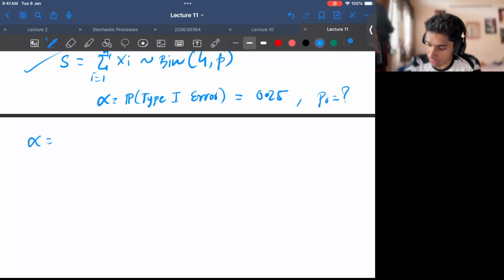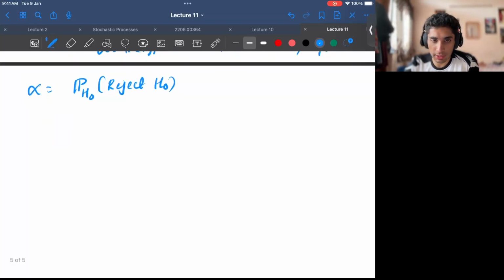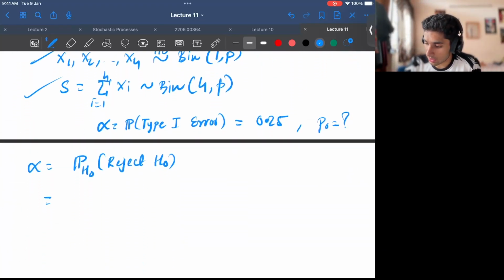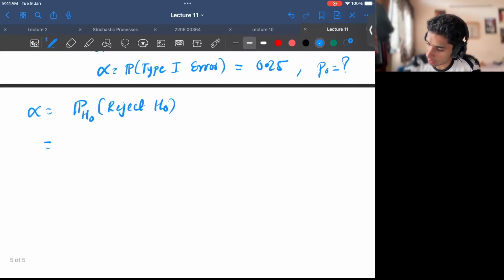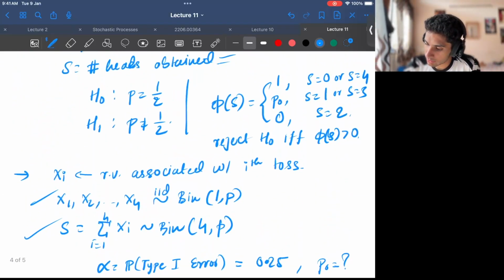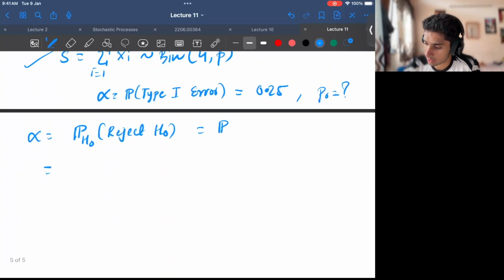It's the probability under H naught of rejecting H naught, right? This is a type 1 error. H naught is basically saying that P is equal to half, and you want to reject H naught.